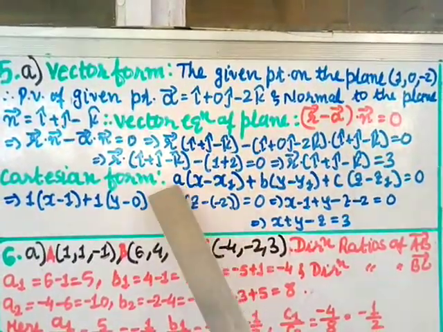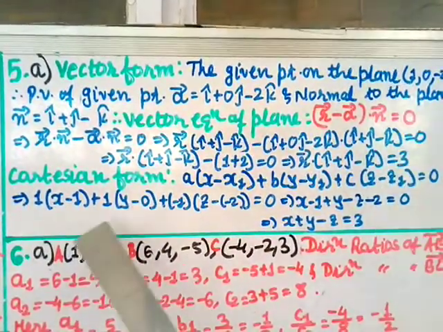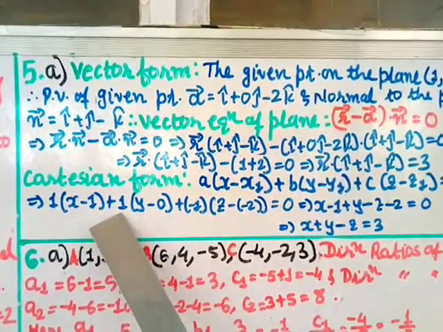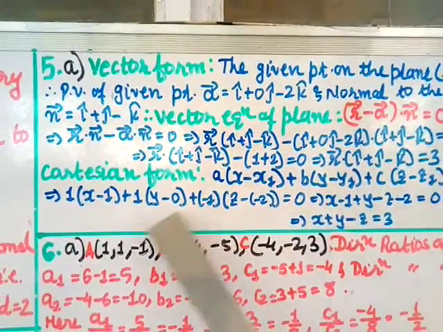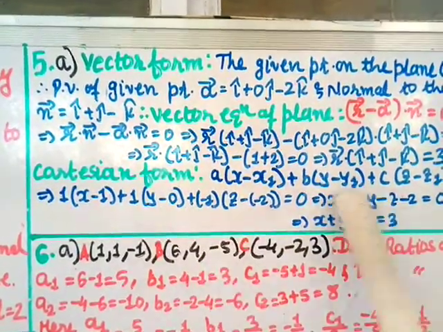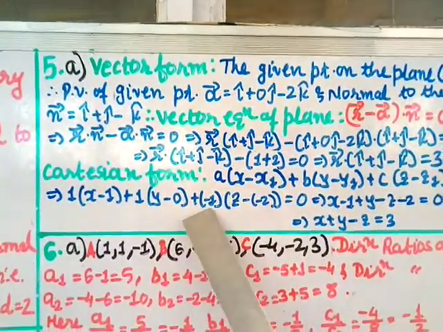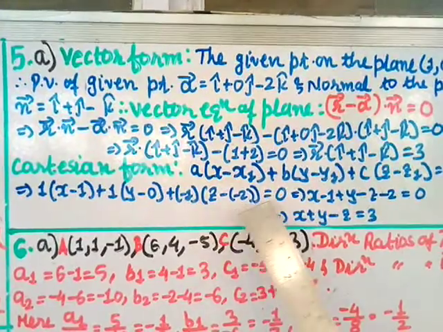So we place here. The a value is 1, then x minus x1, so x minus 1, plus b, the value is the coefficient of j, that is 1, and y minus y1, so y minus 0, plus c, that is the coefficient of k in n, that is minus 1, z minus z1, that is minus 2, so minus 2 equal to 0.